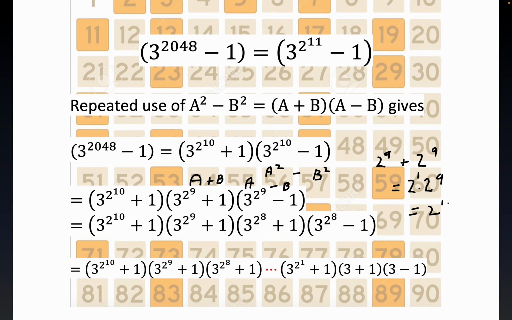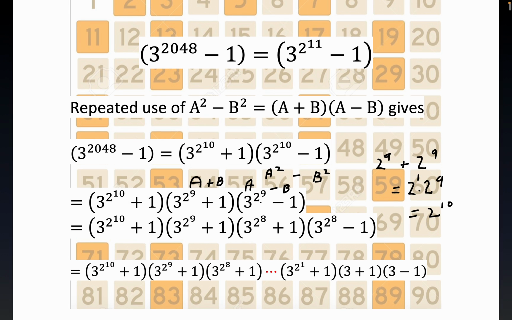See, and that kind of thing is happening exactly in this step right here. Notice how this 2 to the 10th is the product of 3 times 2 to the 9th times 3 times 2 to the 9th. All right, and this process repeats. Okay, I won't do the rest of it, but you can see what happens here.